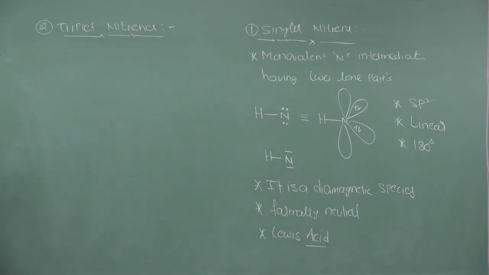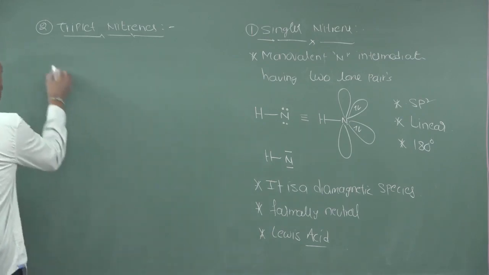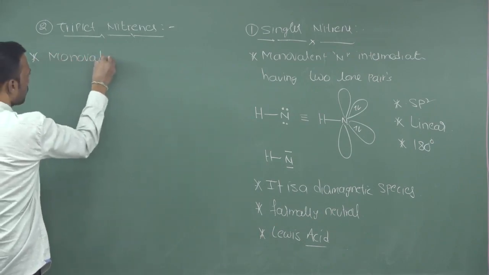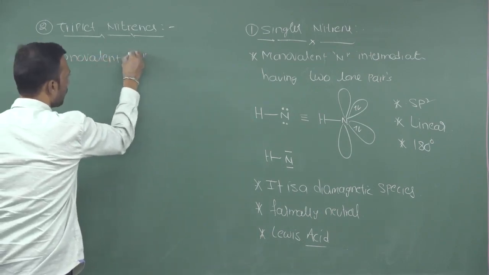Triplet nitrene. Can I define it in the same way as triplet carbene? You can write like this: monovalent nitrogen intermediate.